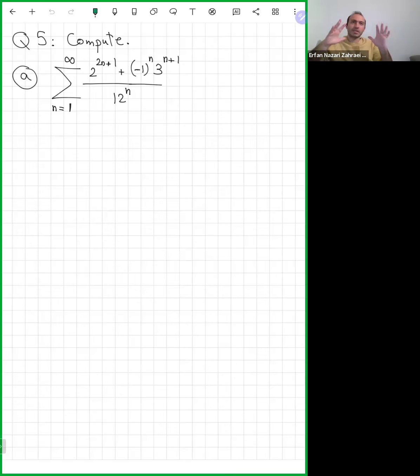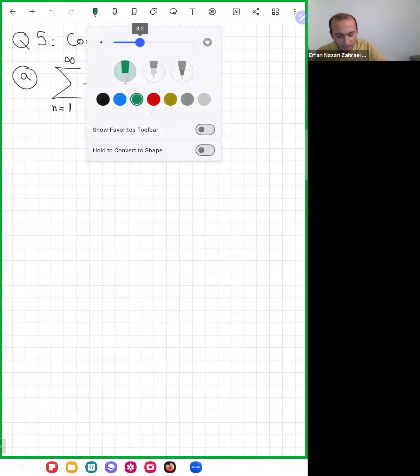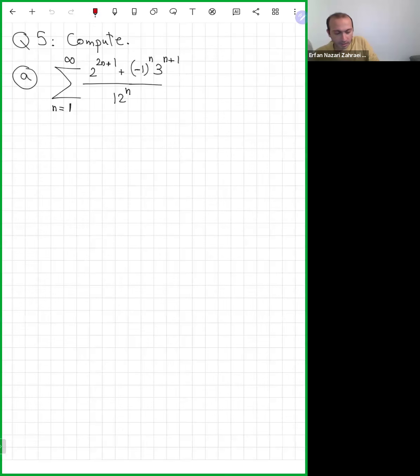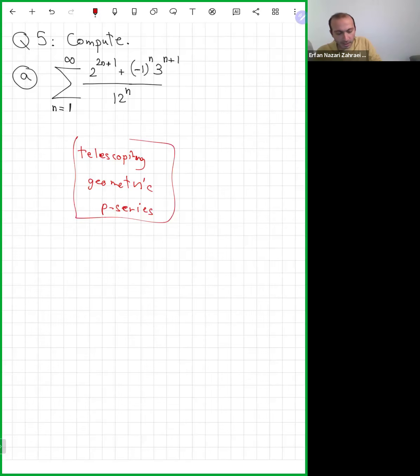Note that, let me recap whatever we have seen before, until the end of test 2, before this week, about series. First of all, we have seen that we have 3 basic series. One of them is telescoping, then geometric, and also p-series. These three are basic series that we can directly answer if they are convergent or divergent.